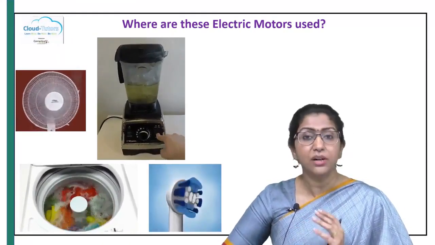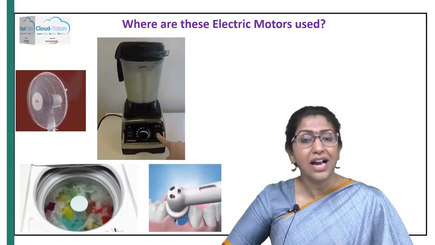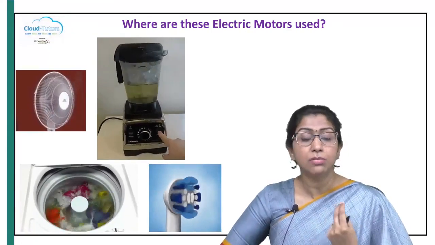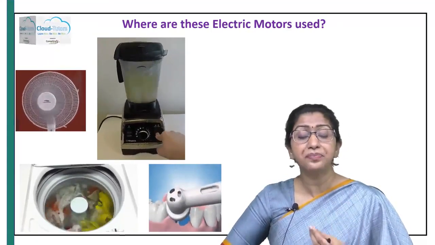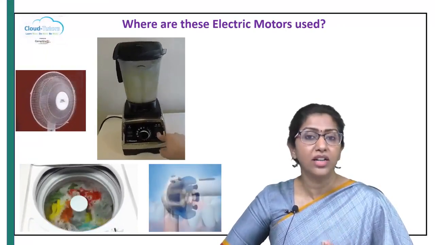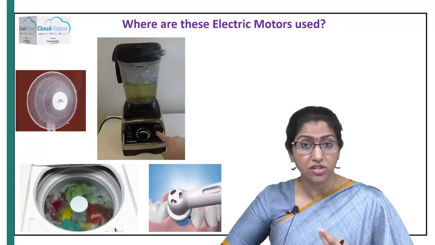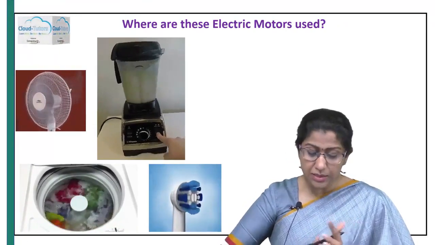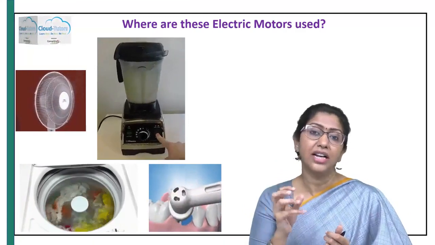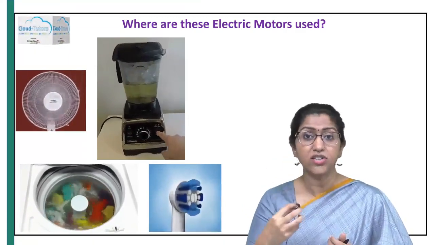So a mixer grinder uses an electric motor, a fan uses an electric motor, a washing machine uses an electric motor. The smallest among these pictures is a small motor that can be used in an electric brush, right? As you can see in this picture, a rotation is required for an electric brush to start cleaning your teeth.